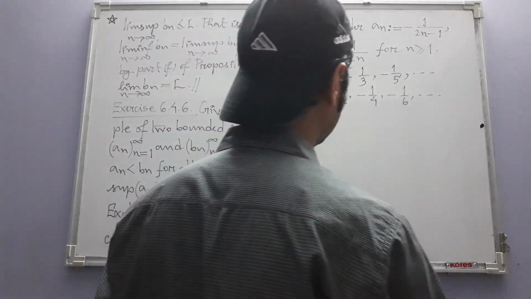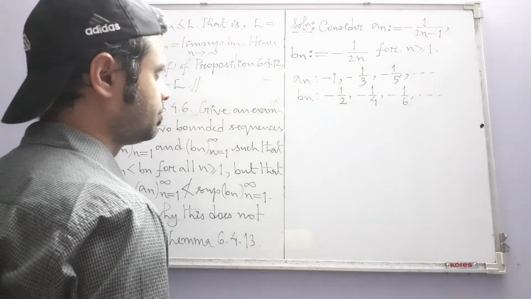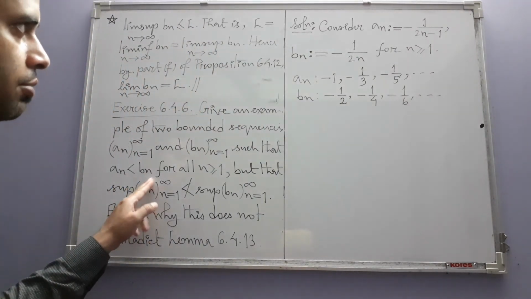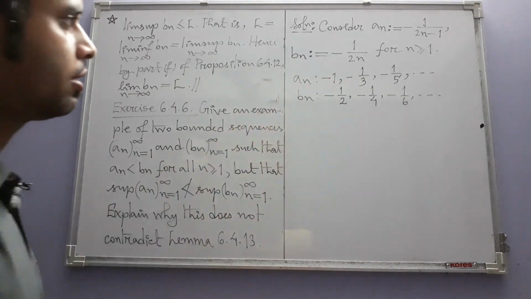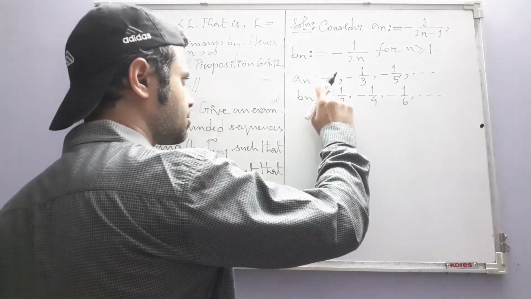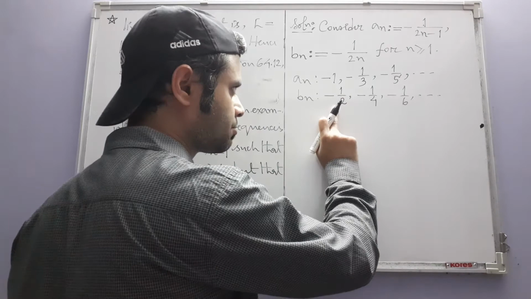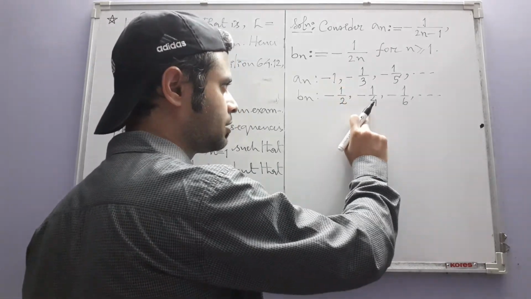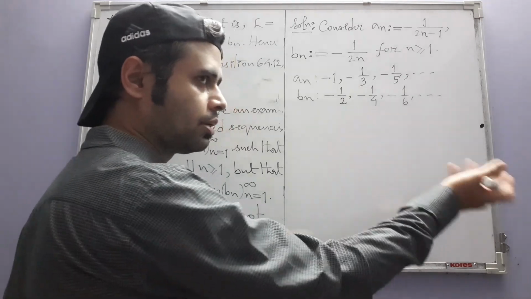You can see some things from here. One is that these inequalities are true, which you can see in general also. -1 is strictly less than -1/2. -1/3 is strictly less than -1/4, and so on.